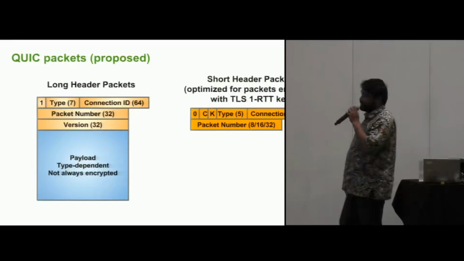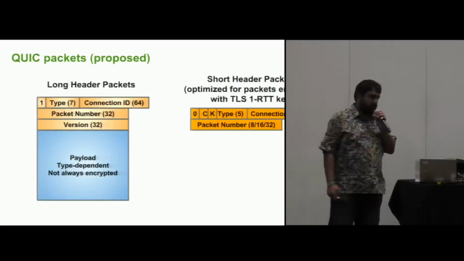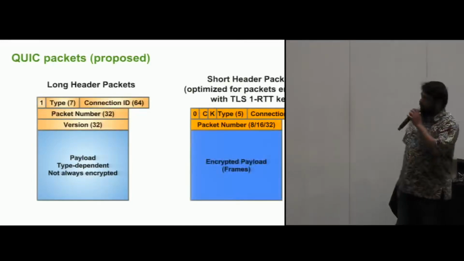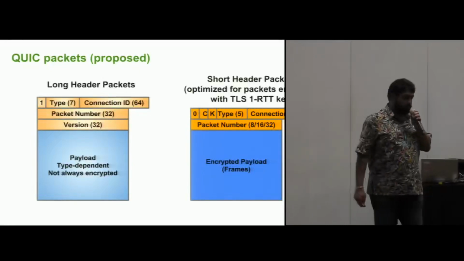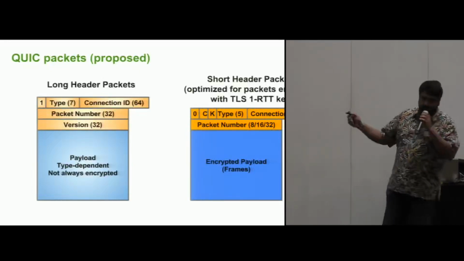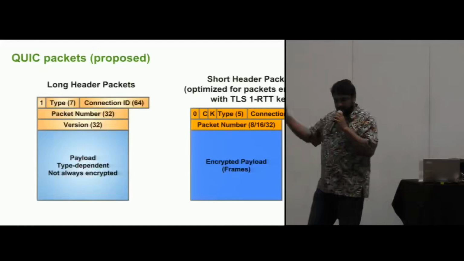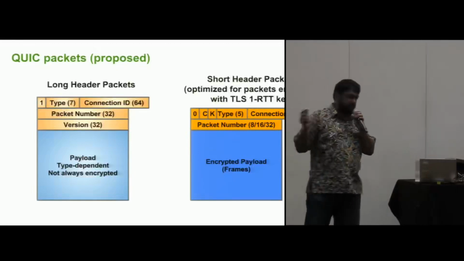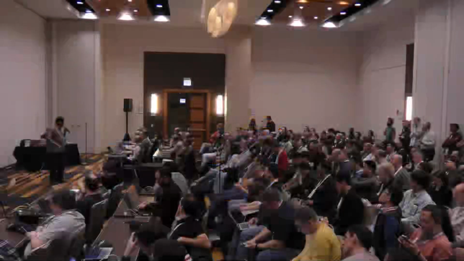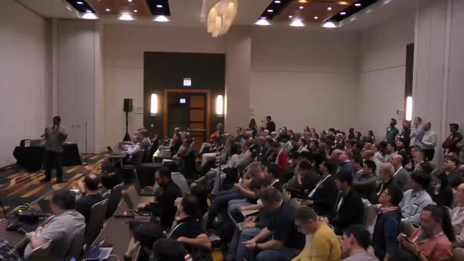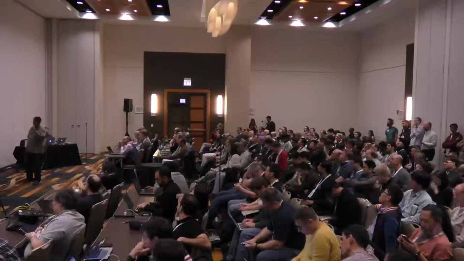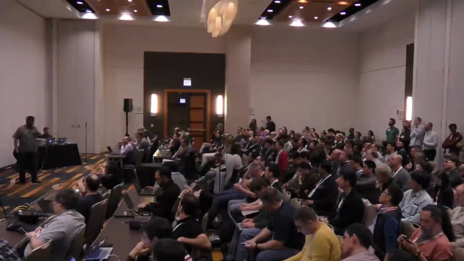Or 3 bytes in the common case. That's what we expect to see. And this will always have an encrypted payload. So these are proposed. I'm not going to go over a lot more detail because this might change as we go forward, but I wanted to show you what the packet looks like and the depth of the work that's going on in the working group.